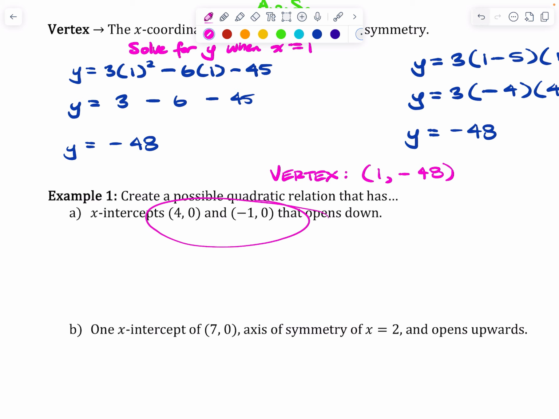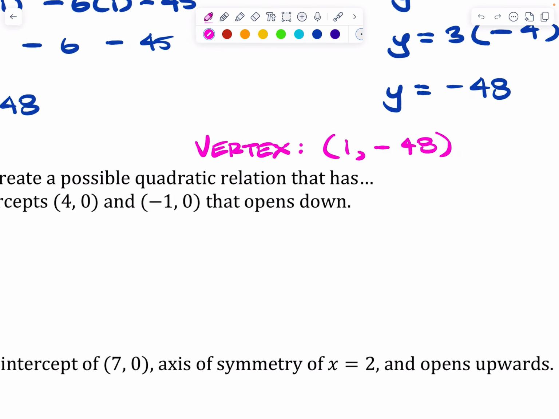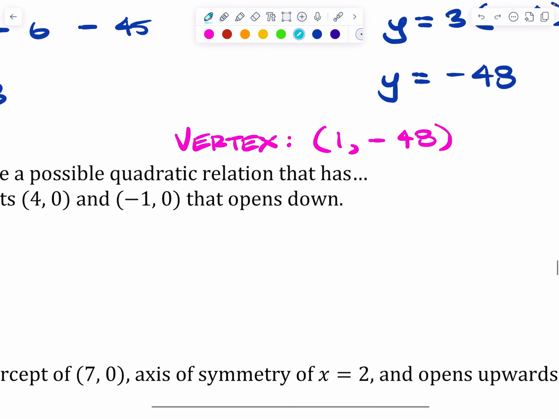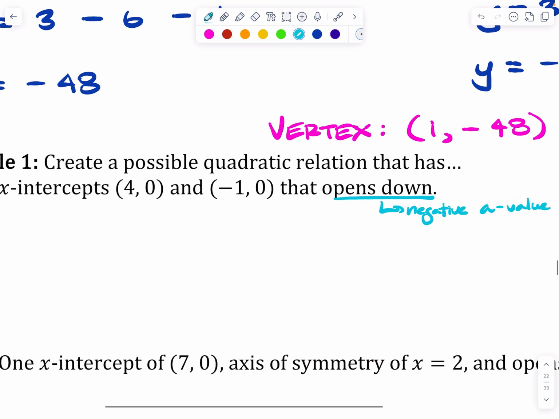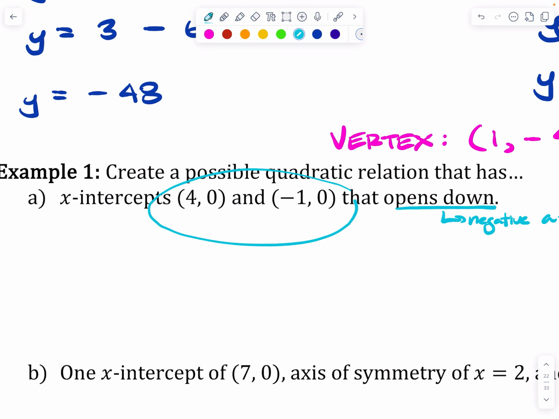So opens down, that means that it has a negative a value. But these two x-intercepts, we can get those as connected to how we got them from our factored form.